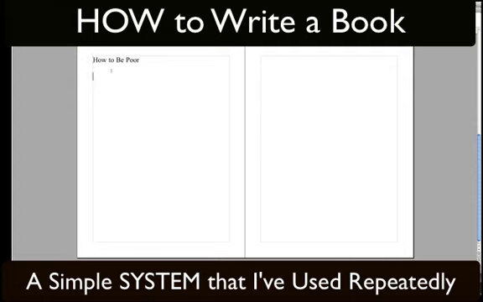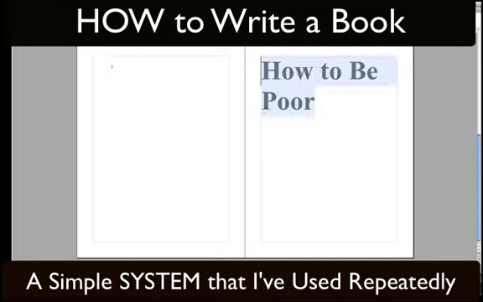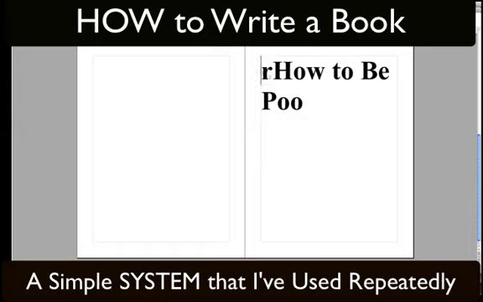The very first thing I do is I begin to work on an important part of the book, which is the table of contents. So let's do it like this. I'm going to take this title, How to Be Poor, boldface it and enlarge the fonts.